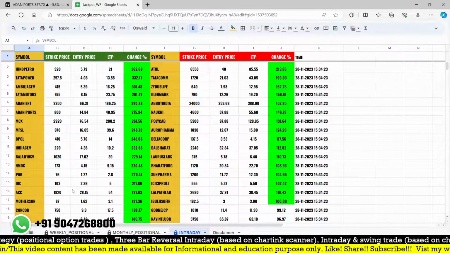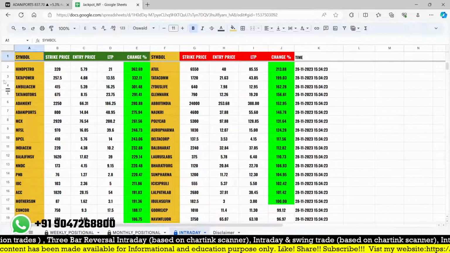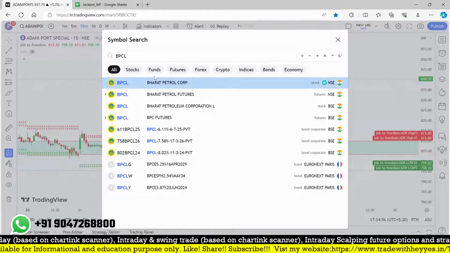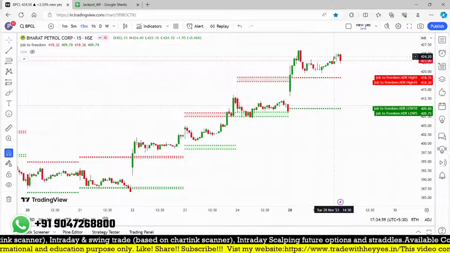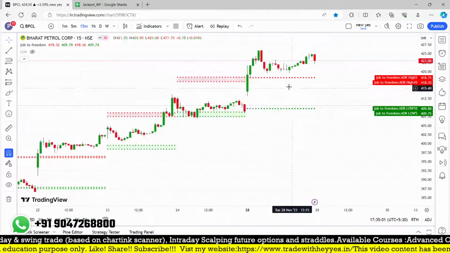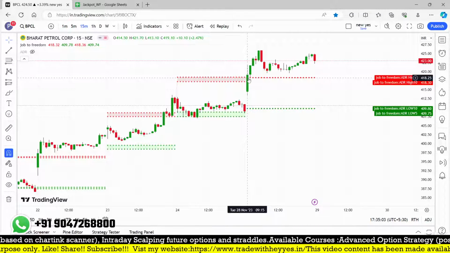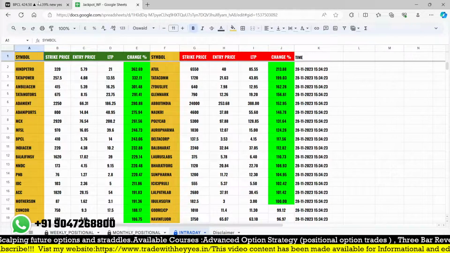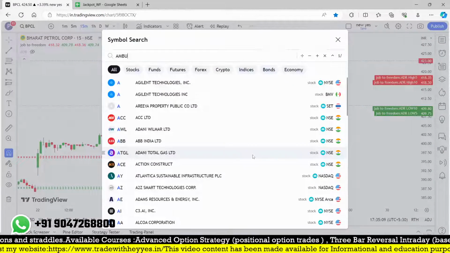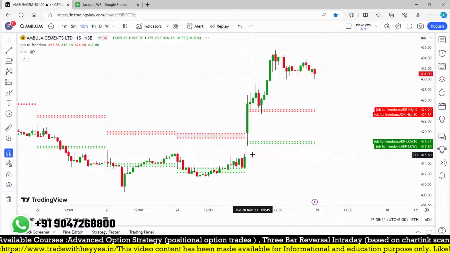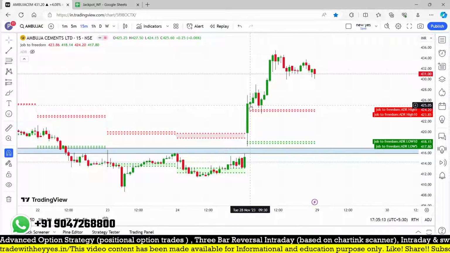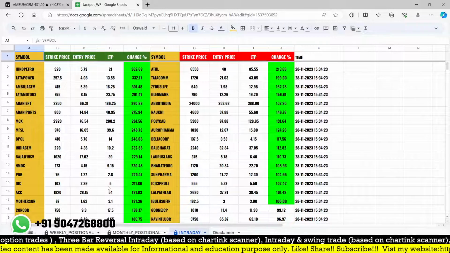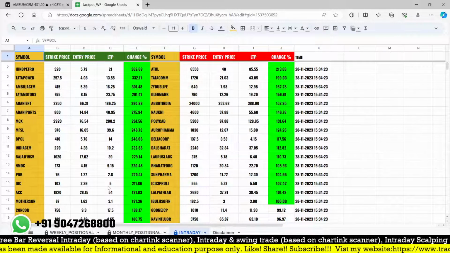And sometimes BPCL. I was checking BPCL also in the top in the morning, but when I looked at this one, BPCL had not broken that level in the 15 minutes. Yeah, BPCL broke and closed. And another one, Ambuja Cement, I think. Let me check. It was not broken, and when it broke, Ambuja Cements also by the opening itself broke, and it was giving good results. I saw one stock that was not broken but was in the top.